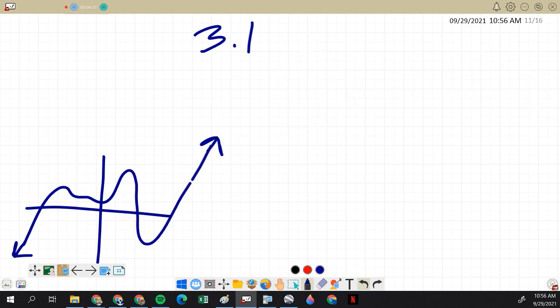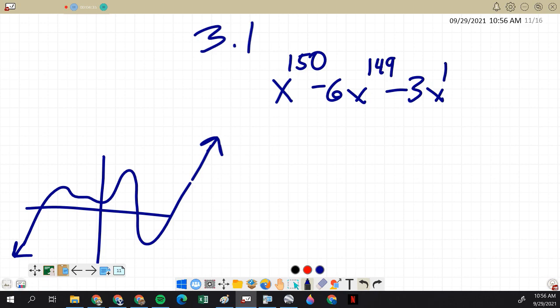But the better one has to be a lot more complicated. And let's say it's an x to the 150th, and so on. Okay. When I draw that equation, it looks like this.